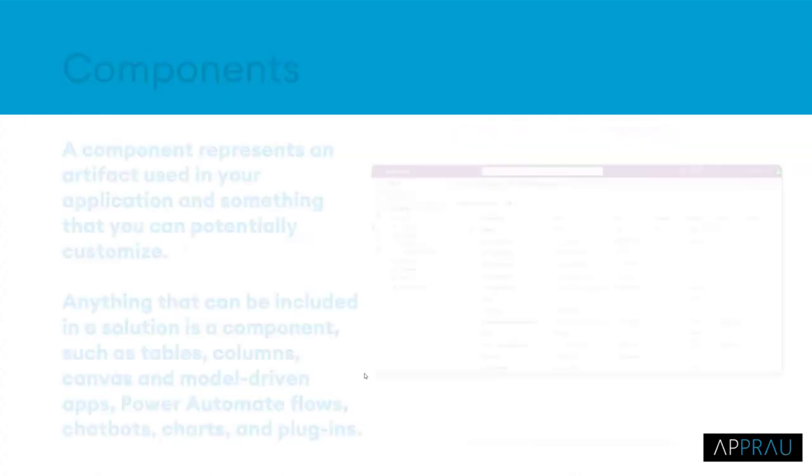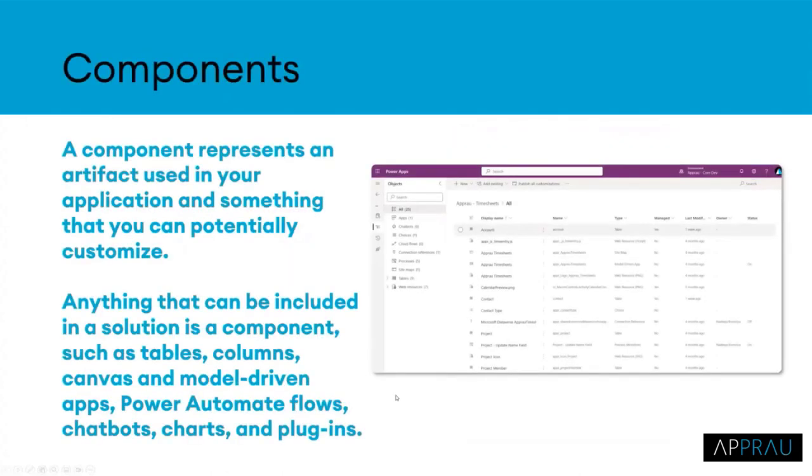And I mentioned the word component. So what is a component? A component can be anything that is part of your application. It could be a table, a column inside the table, a form, a Power Automate flow, a chart, a plugin assembly.